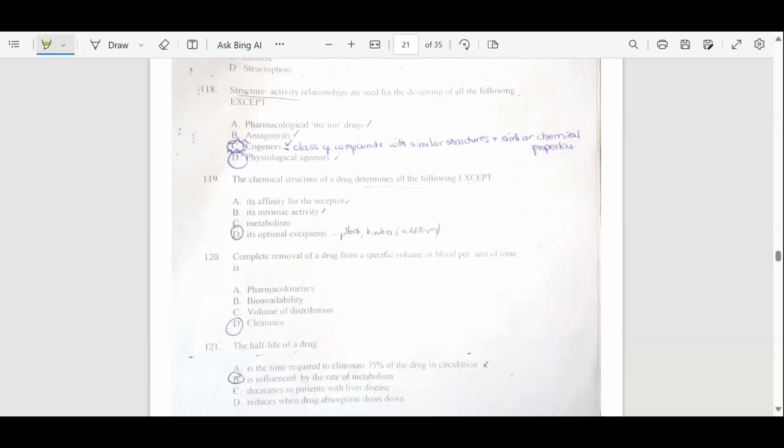Question 118: structure activity relationship is used for the designing of all the following except: pharmacological, me too drugs, antagonist.